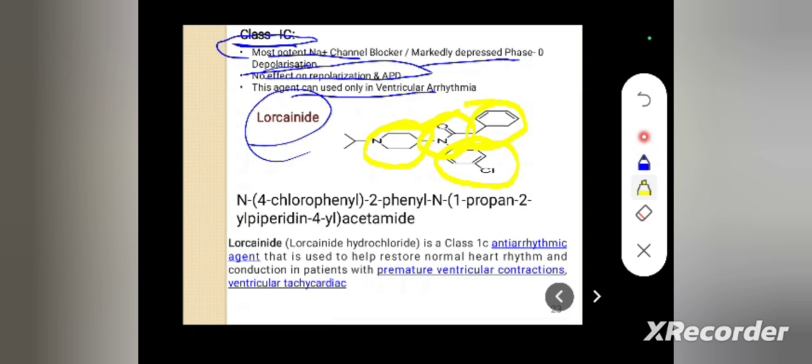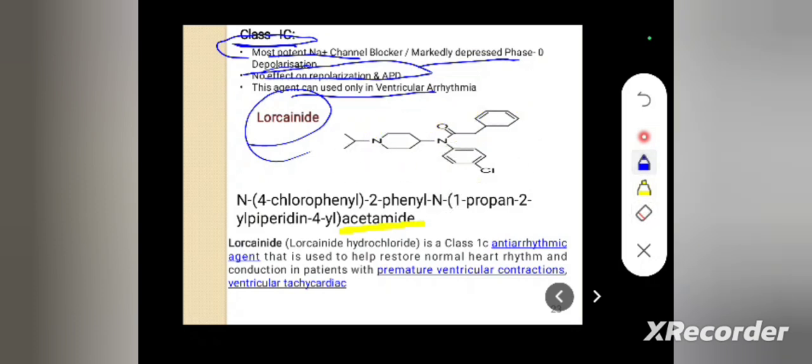Mainly remember the core structure, that is the acetamide. On that acetamide there is either a substitution on the carbon or a substitution on the nitrogen.